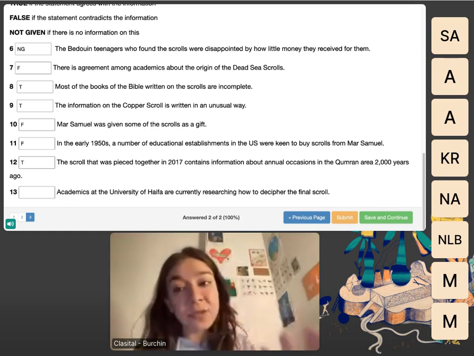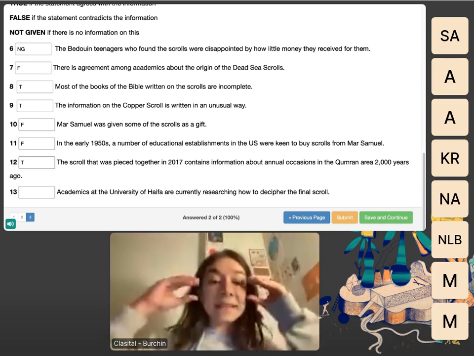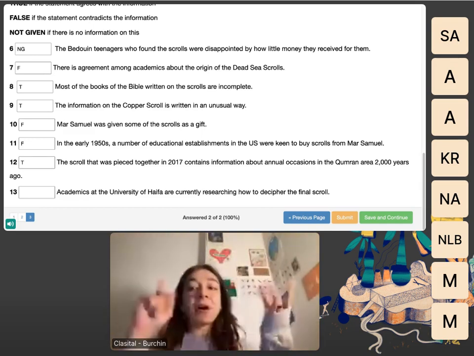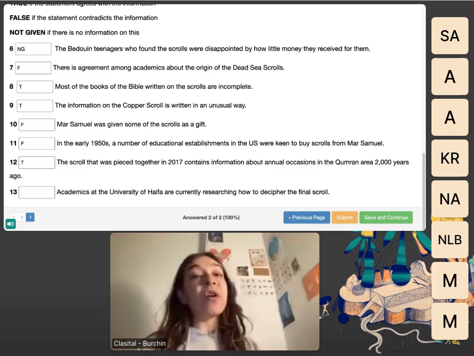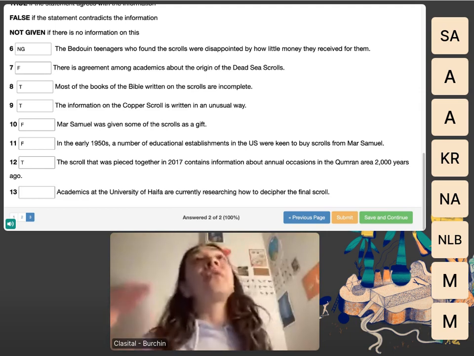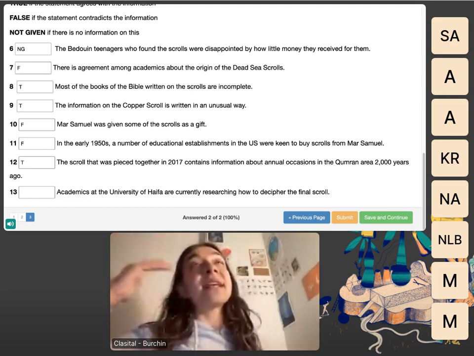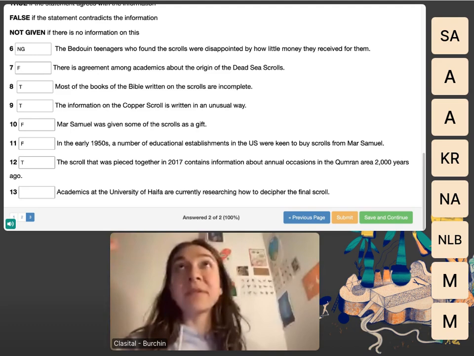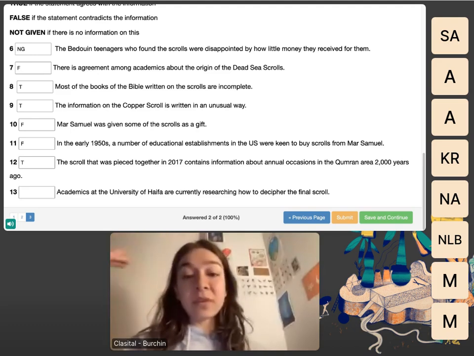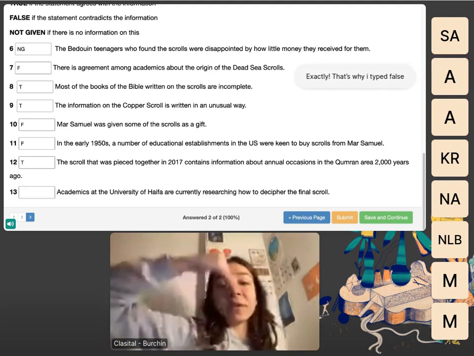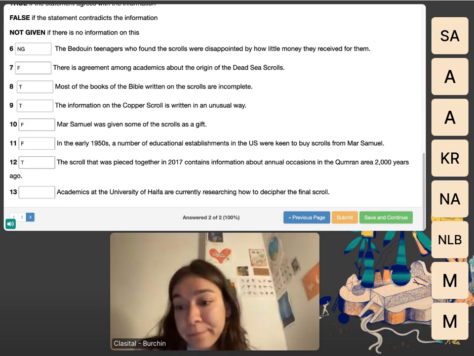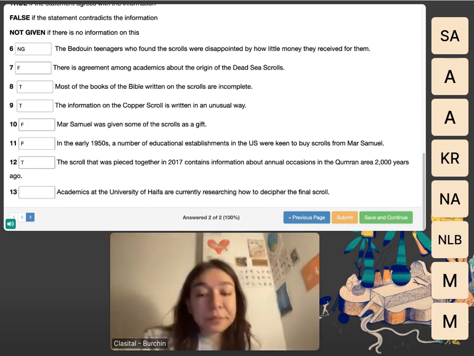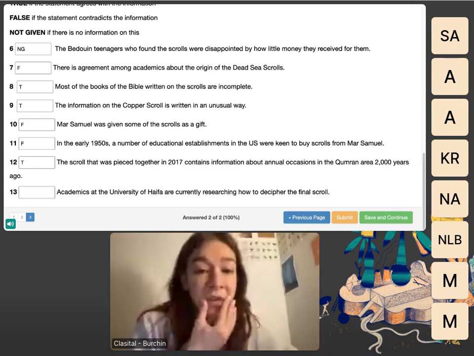The sentence is true, but in that sentence, they are not saying anything about the time of it, or about the area of it. I know from the scripts that they are telling me the story of the events that happened in Qumran 2000 years ago, but I know that from the previous sentences. Usually, actually, Cambridge doesn't do that, but in this one, they are doing it. I know I will say not given.